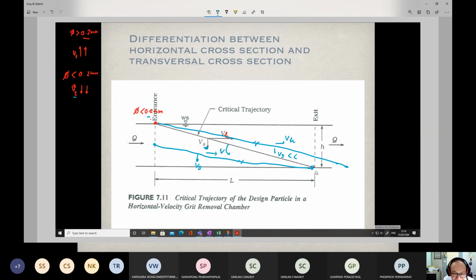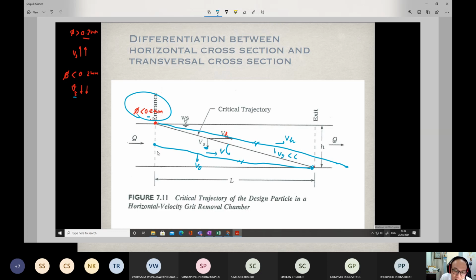So it means that particles with size smaller than 0.2 millimeters can be partially settled within the settling zone, but some amount will not be settled. It depends on at what position these particles enter.